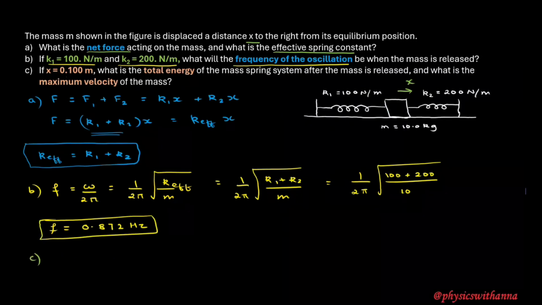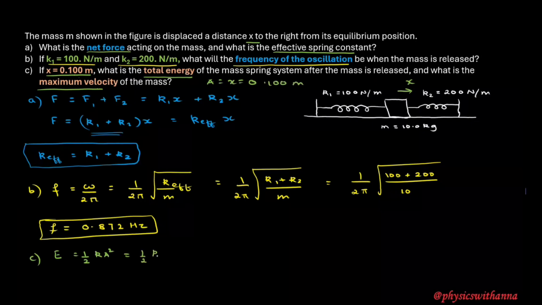Now part C says, if x is 0.1 meter, what is the total energy of the mass spring system after the mass is released? And what is the maximum velocity of the mass? So if x is 0.1 meter, that will be the maximum displacement of the mass because this is how much I am stretching or compressing the spring. So you can find the total energy E as half K A squared, where A over here will be the value of x, which is the amplitude, 0.1 meter.